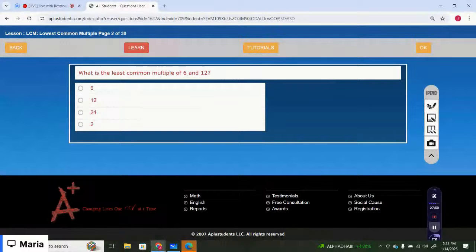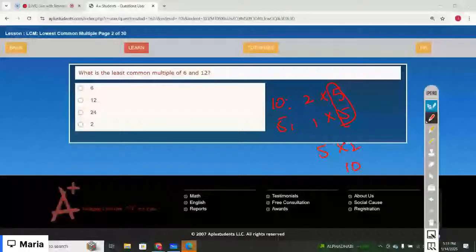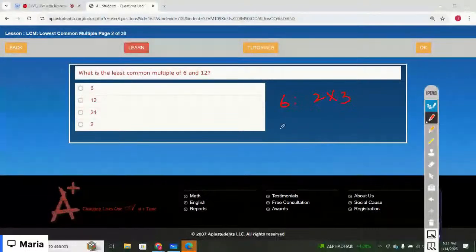What is the least common multiple of 6 and 12? The prime factors of 6 are 2 times 3 and the prime factors of 12 are 2 times 2 times 3.